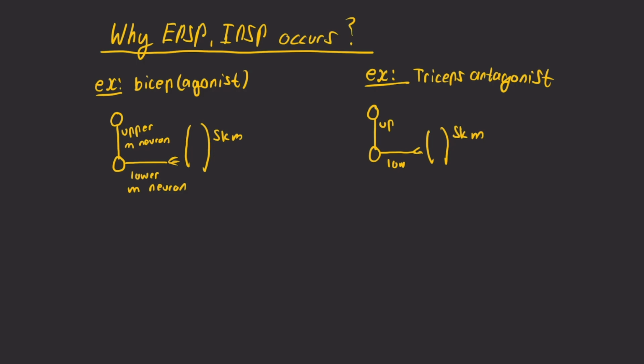This being our agonist, you want to release a certain type of neurotransmitter, and as we mentioned prior, you want to release acetylcholine. And if you want to have inhibitory signals, you may want to be the antagonist of that muscle. So let's say our tricep.